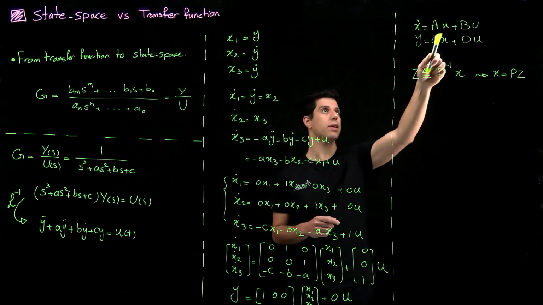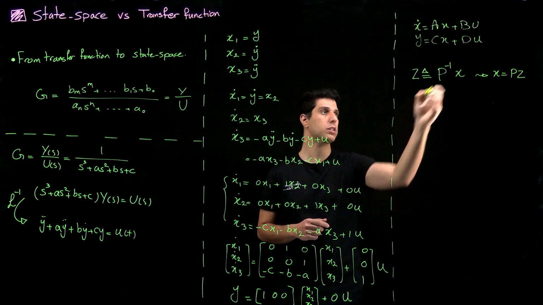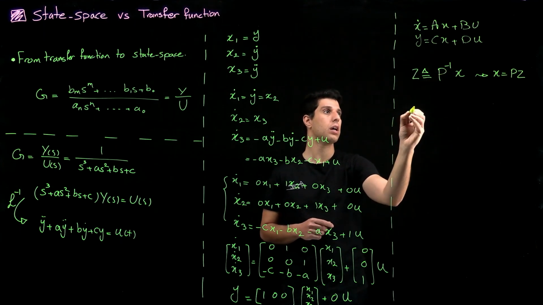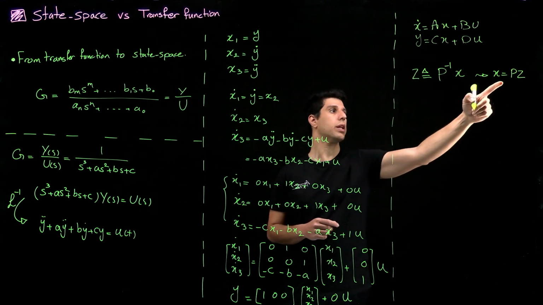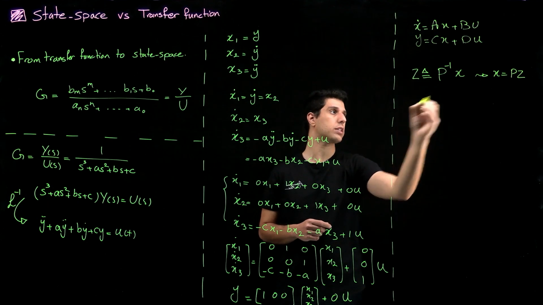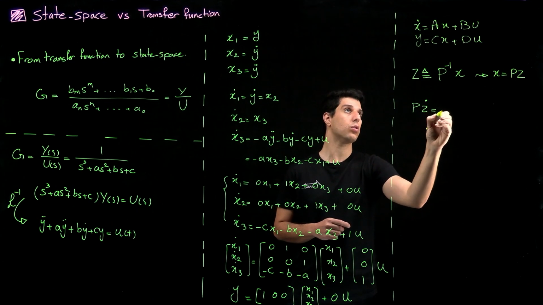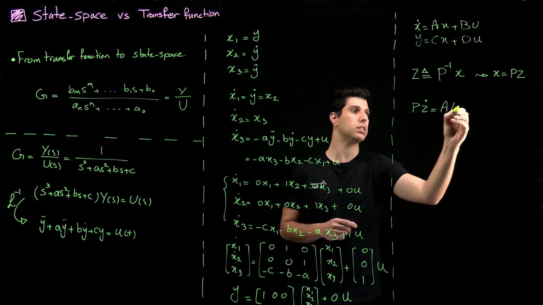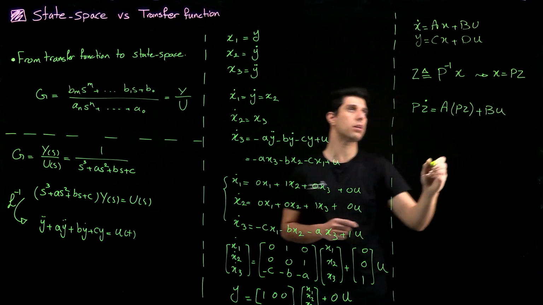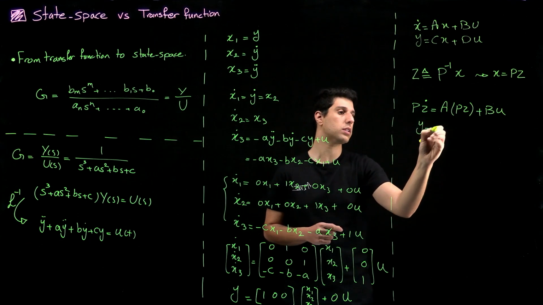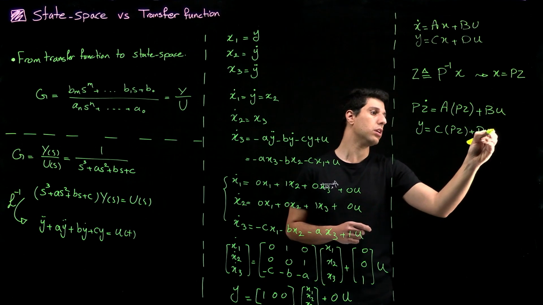Now substituting this into that equation. P is a constant matrix, just a bunch of numbers, and P inverse is also a bunch of numbers. Let's take the derivative of it. So x dot becomes P z dot, P z dot equals A x, x is Pz, plus Bu, we leave it as is, and y is Cx, Cx is CPz, plus Du.